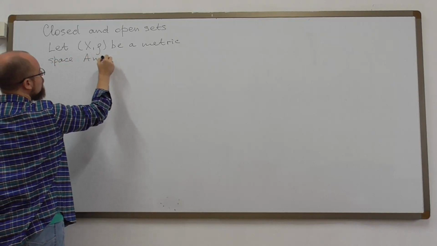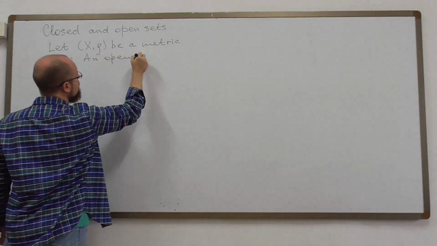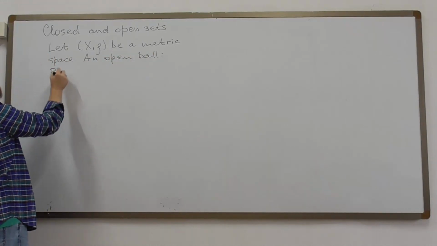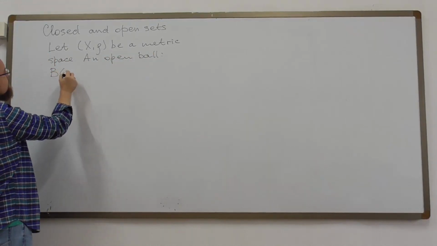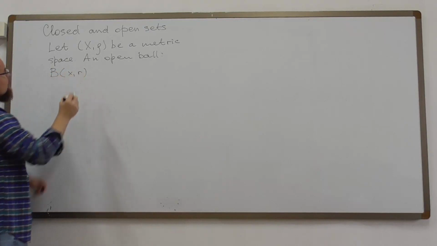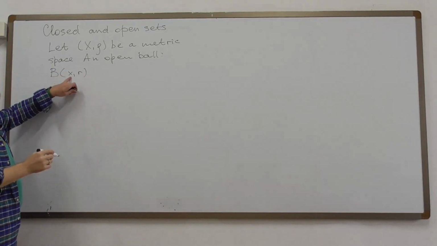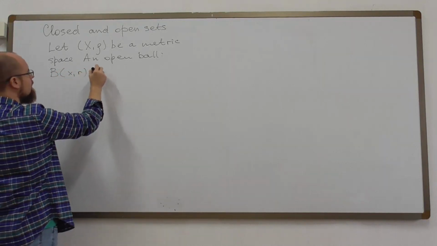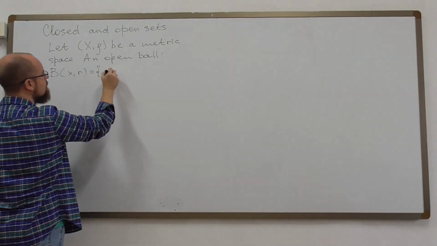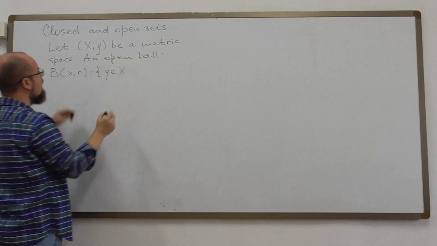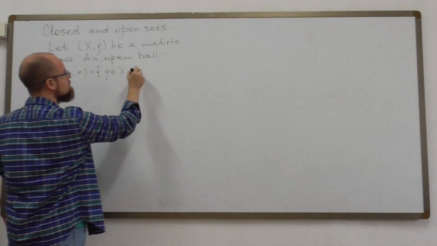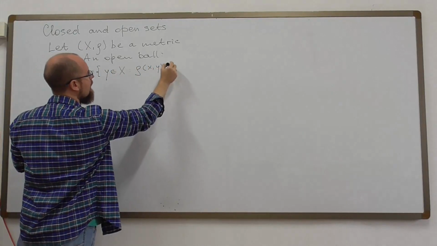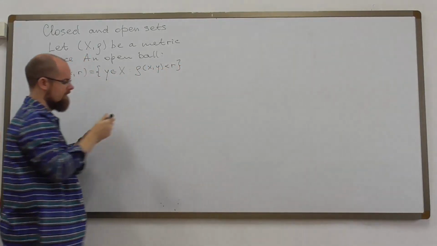An open ball we will write B(x, r), where x stands for the center of the ball and r stands for the radius of the ball. It is a collection of all elements y from our metric space such that the distance between x and y is strictly less than r.